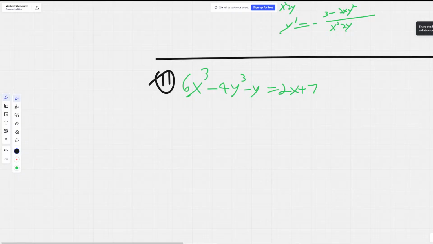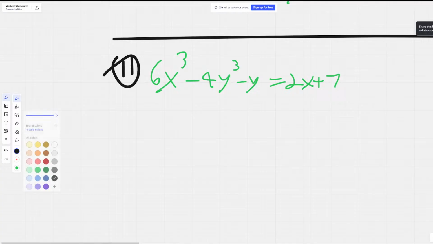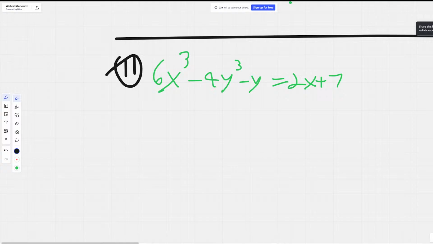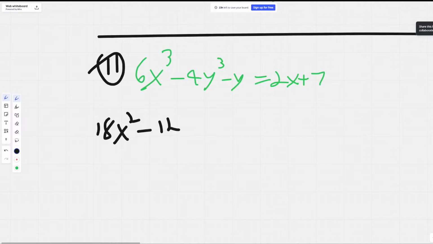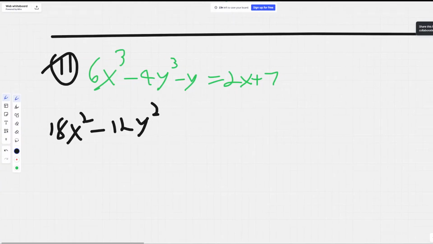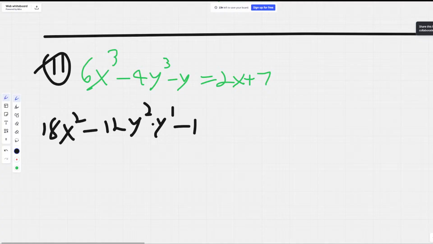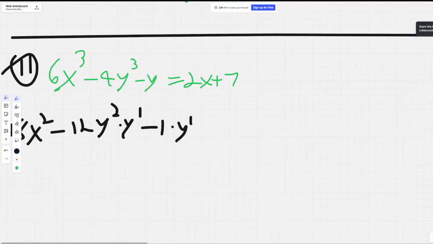Indeed. Alright. Let's begin. Starting with derivatives, it looks like this is what this one will be. So that would be 6 times 3, which would be 6, 12, 18, as it happens. 18x squared minus 4 times 3y squared times y prime minus 1 times y prime.